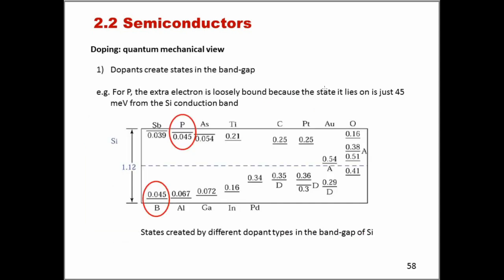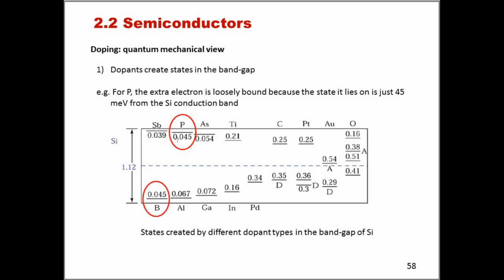From the quantum mechanical point of view, what we need to remind ourselves is that whenever we introduce an impurity into our silicon crystal, effectively what we are doing is creating an energy state in the forbidden region of the energy band gap of the material.